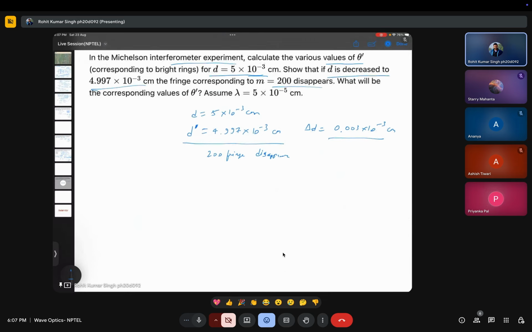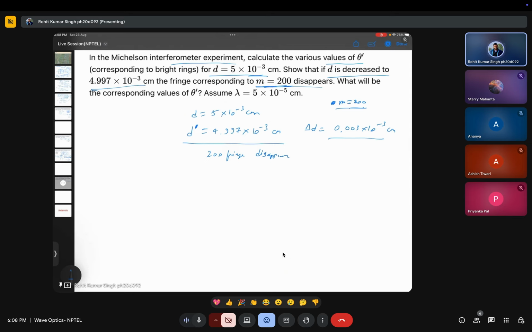Sir, they are not saying 200 fringes are collapsing, just the fringe corresponding to m equals 200 disappears. Okay, you're right, this is talking about the order. So that means the central fringe should have the order 200, right?